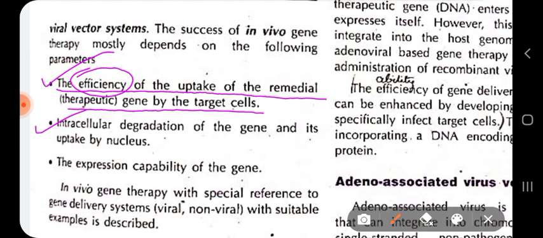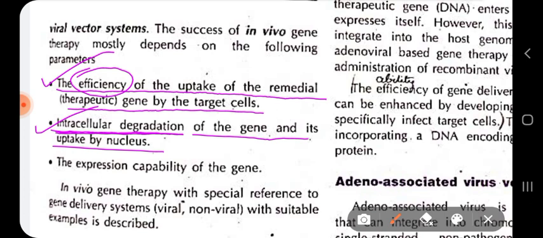Second is intracellular degradation of the gene and its uptake by the nucleus. So the next parameter is whether the therapeutic gene is getting degraded inside the cell or not after the cell has properly taken up that therapeutic gene.